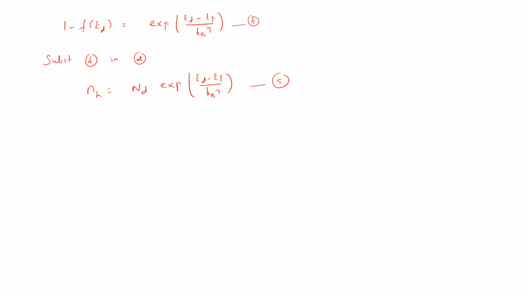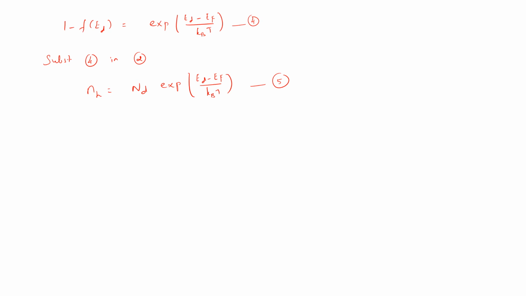Now you have to imagine the situation correctly. See, from the donor level, the electrons are jumping into the conduction band. Now you cannot resist the conduction band electrons falling down also. So there will be a quick transition of electron movement either from donor level to conduction band or from conduction band to donor level.